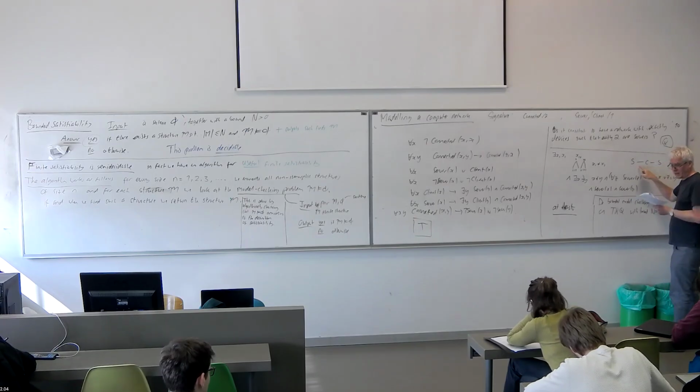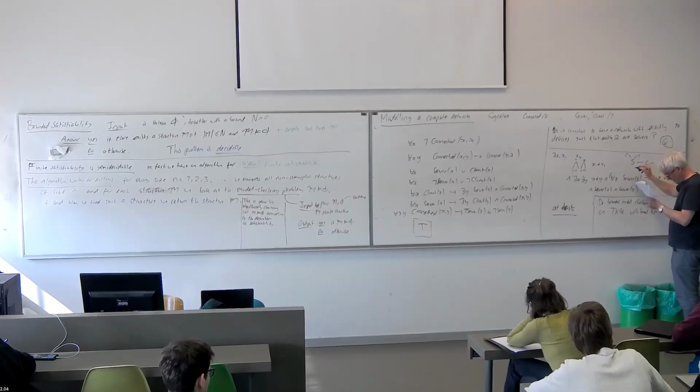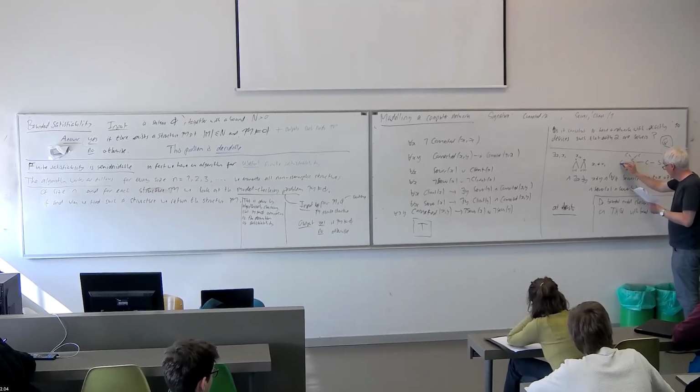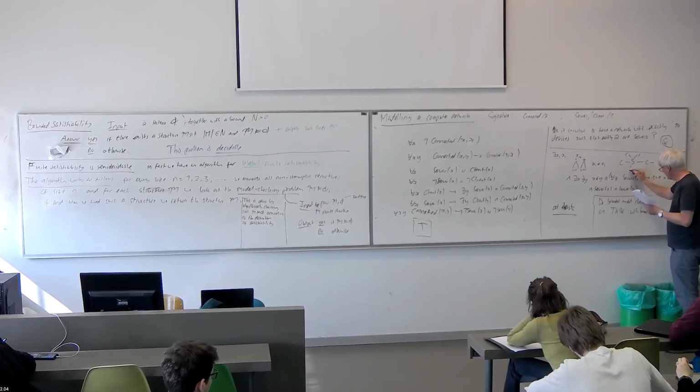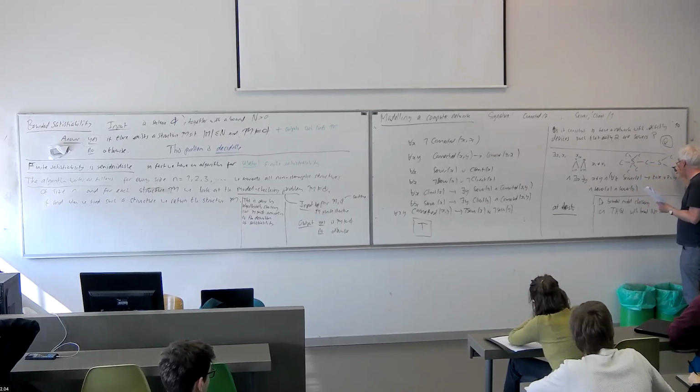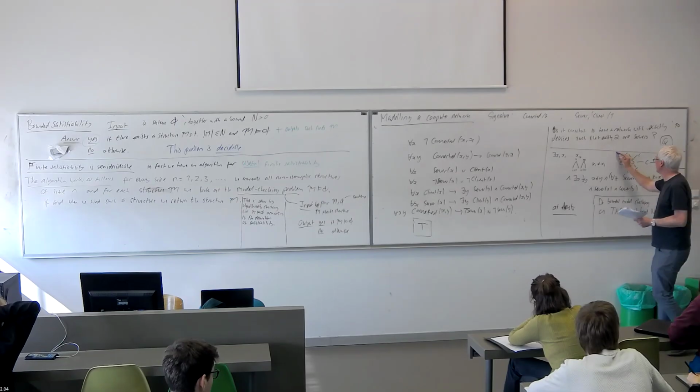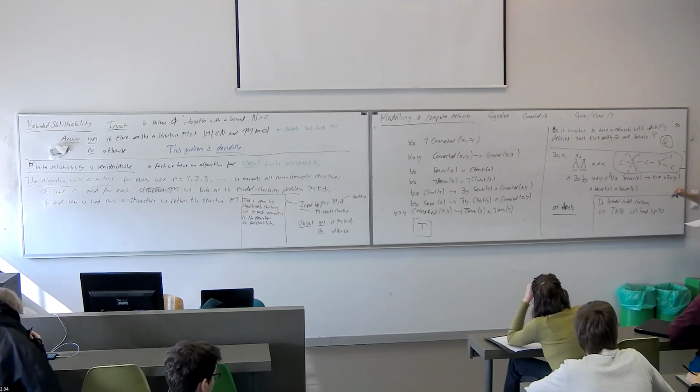So C means client, S means server, and we'll find out that it is indeed finitely satisfiable. So there does indeed exist such a network. Okay, so that's one example.